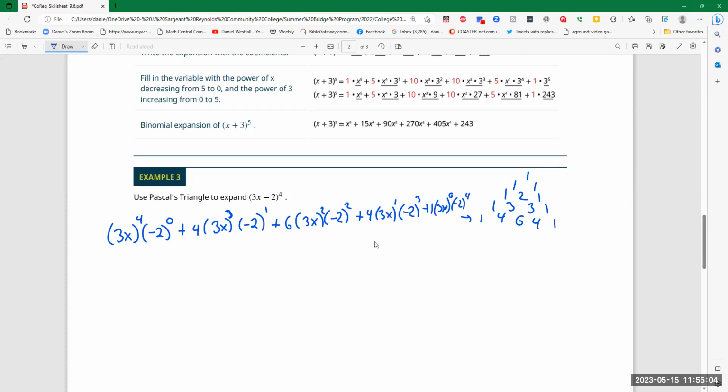So you see that there's going to be some sign changes here based off of if there's an even or odd power on the negative part.